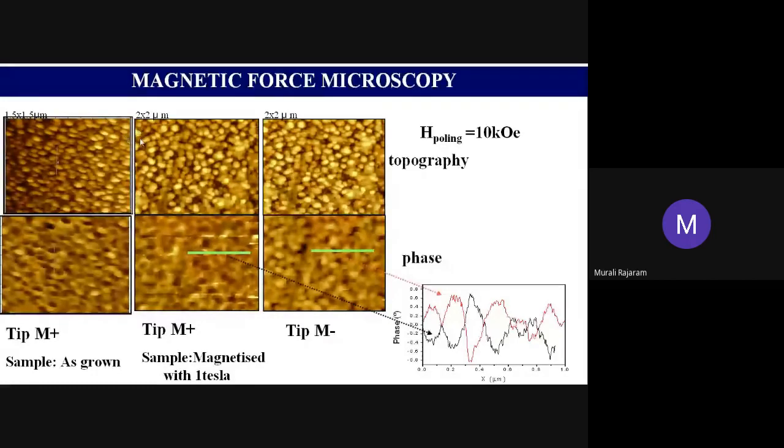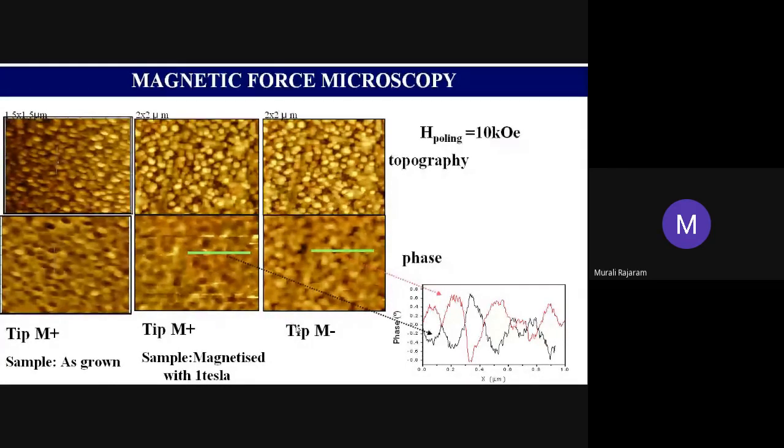Okay, so if you magnetize your sample with like 1 Tesla, you can switch all the magnetization to one direction. Again, this is the topography, and this is the phase image. You can clearly see that all the rods are oriented in one direction. And what we did is we changed the orientation of the tip.